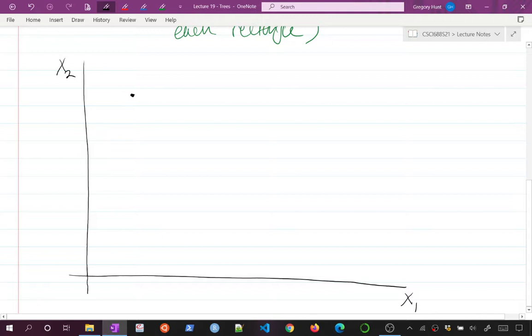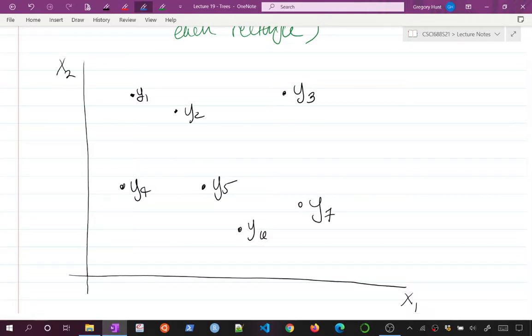Maybe there'll be a point here associated with some y1, a point here associated with some y2, maybe this will be associated with y3, this will be y4, this will be y5, this will be y6, and maybe y7 is over here. This is basically a toy example where we have two x's, and then we have some training data, which are my points here.